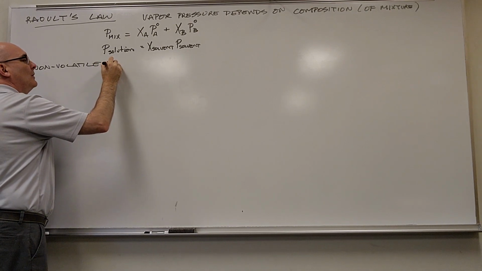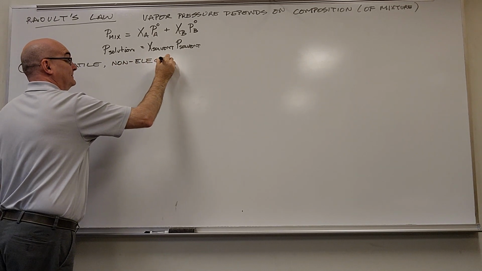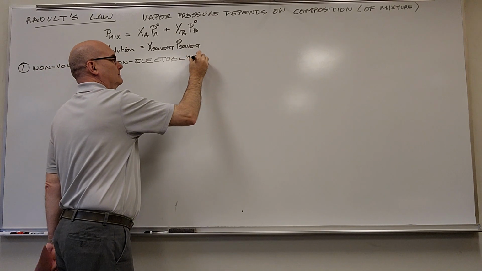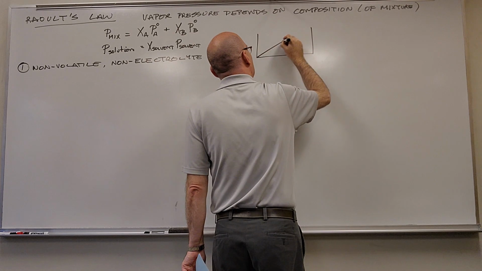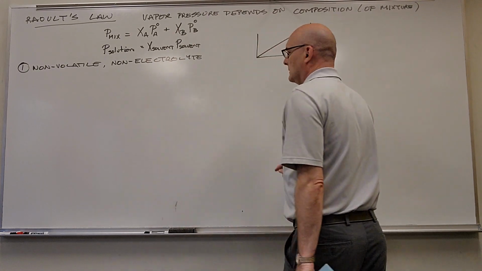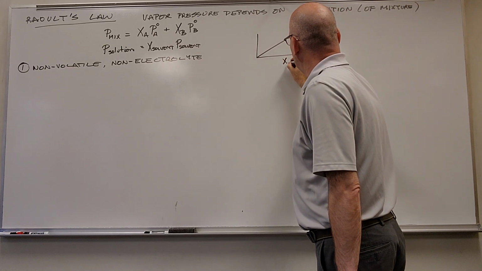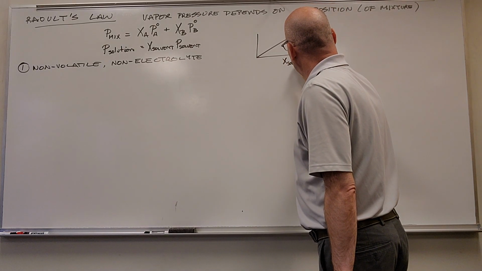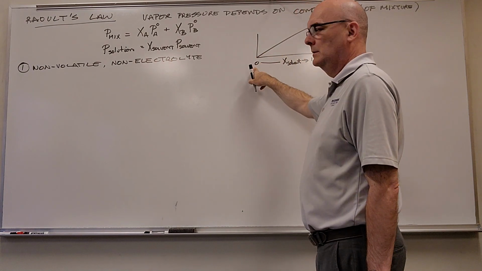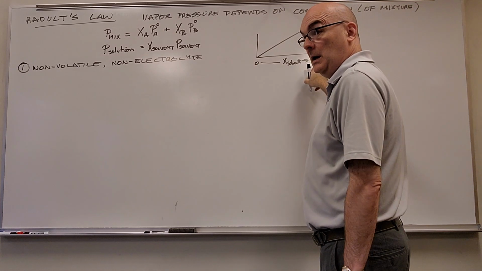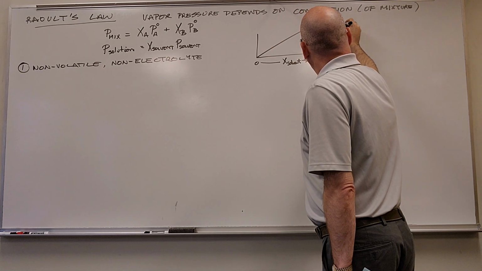If you have a non-volatile, non-electrolyte, then your vapor pressure of, let's have this be the solvent, going from 0 to 1, here, no solvent, here, 100% solvent, so that's my pressure of pure solvent.